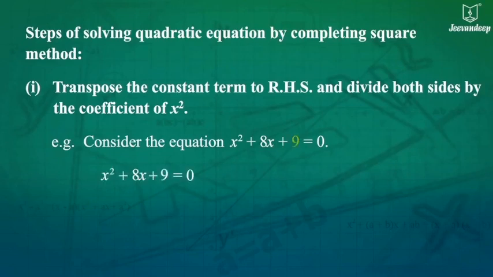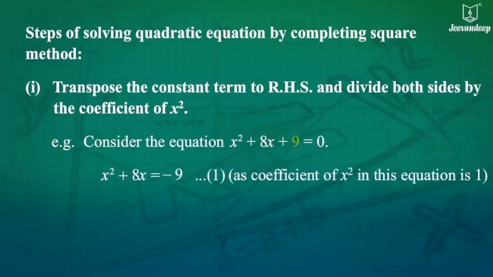Taking the constant term, that is 9, to right hand side, x square plus 8x is equal to negative 9. Equation 1. As coefficient of x square in this equation is 1, dividing the equation by 1 does not change it.